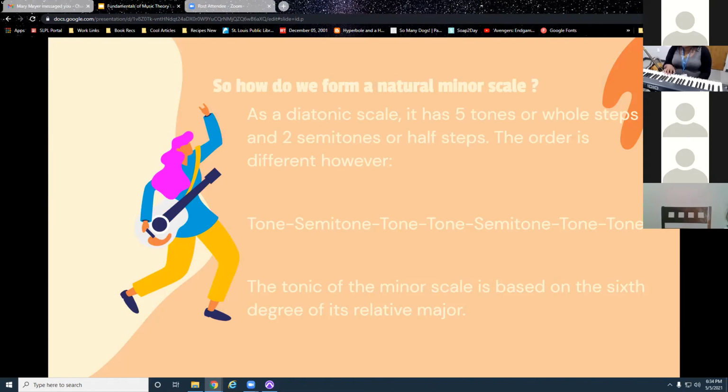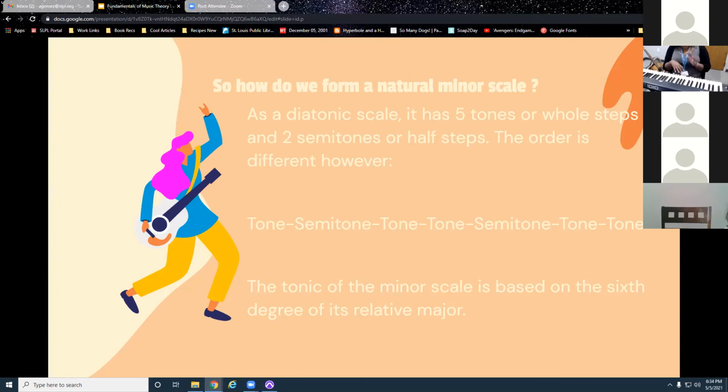Then F to G, a tone, black key between them, and back to A, G to A, a tone between them. That's how you would form all the scales. The natural minor scale is always going to be tone, semitone, tone, tone, semitone, tone, tone.